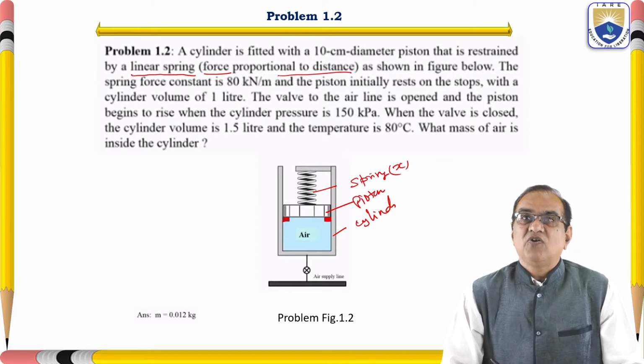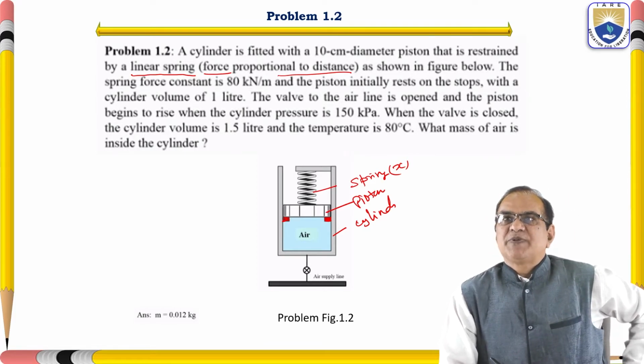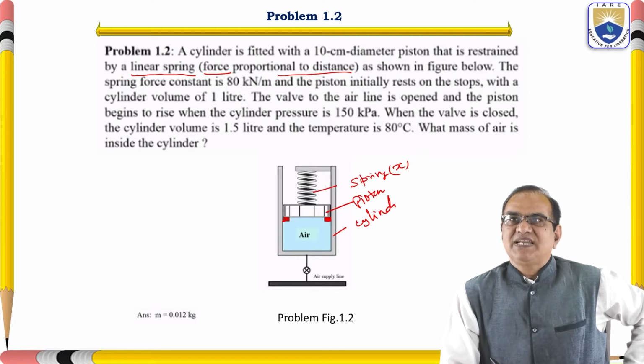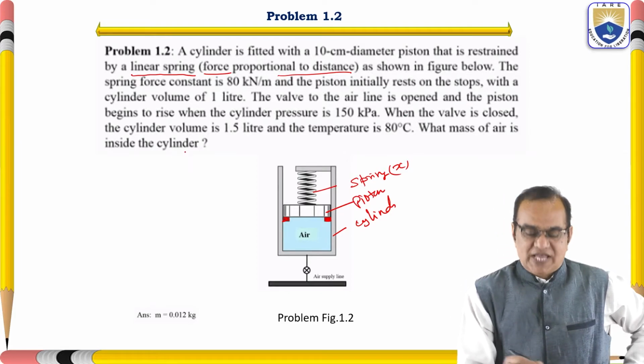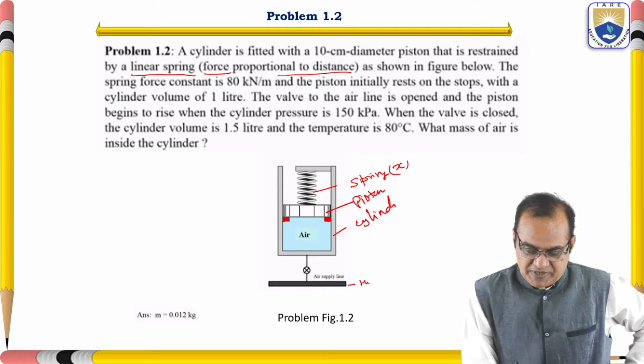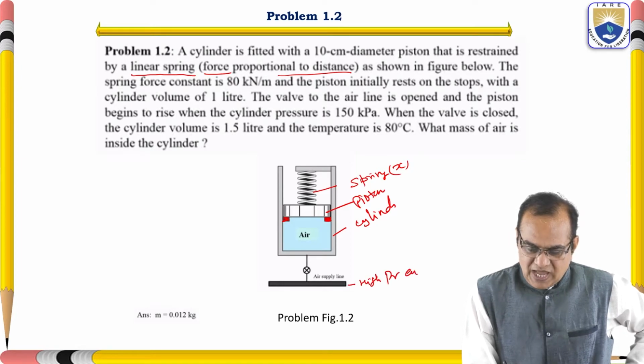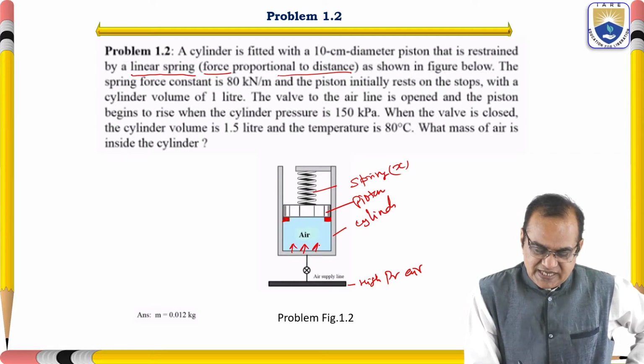With a cylinder volume of 1 liter. The spring force is 80 kilonewton per meter. The cylinder volume is given as 1 liter. We have to convert this liter into meter cube, so we multiply by 10 to the power minus 3. The valve to the air line is opened and the piston begins to rise. Here is the valve, and here we have the high pressure. If you open this valve, air will enter inside.